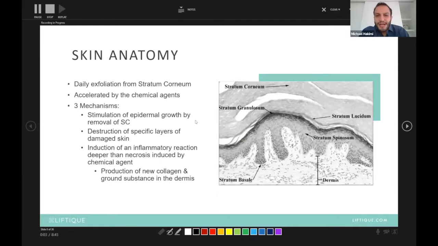This is a pathology slide from a cross-section of your skin. If you can see my mouse, this curvy linear area on the bottom is your stem cell line. Don't worry about these fancy names. Let's just skip to the last layer on top, stratum corneum. This stratum corneum is the dead skin cells piling on top of each other.